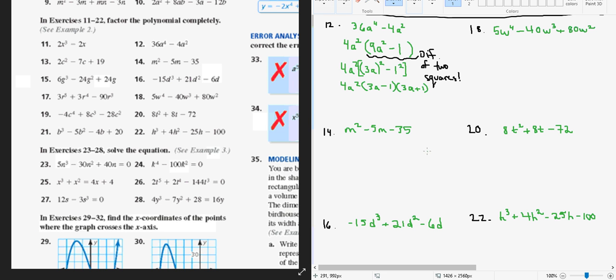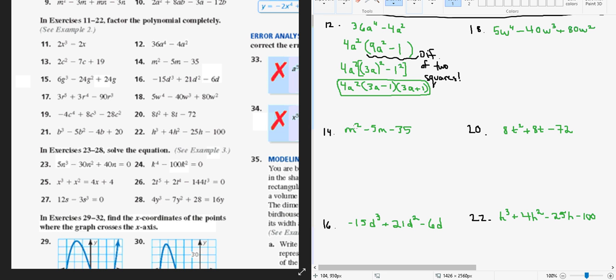And there we go. So this is the factored form. There are no more greatest common factors. There's no difference of two squares. This is the factored form. That's my answer. And again, if you've got these factors mixed up, that's okay. You'd still get the same answer because of the commutative property of multiplication. So it's still correct. All right, number 14.